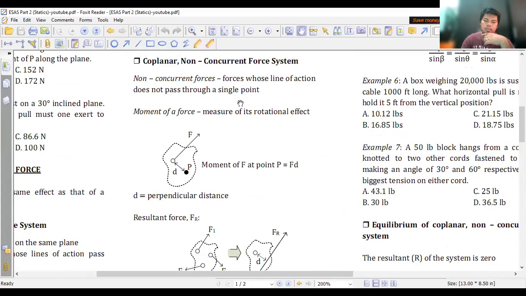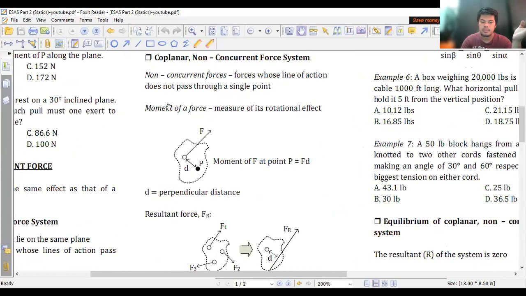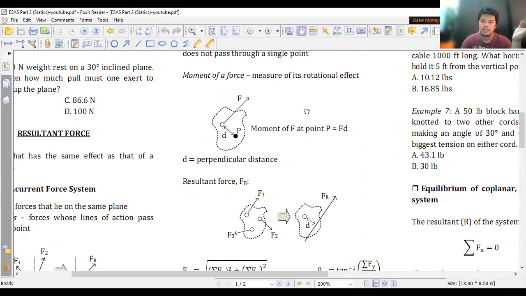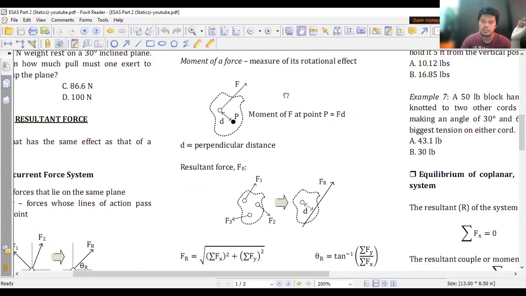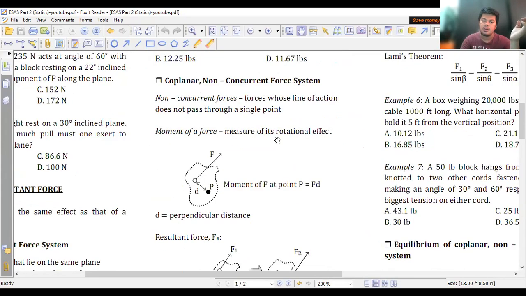As I've said, the second part in a force system, or topic on resultant force, will be about coplanar but non-concurrent. Meaning the forces given in a force system do not have a common point. And then we define here a moment of a force.